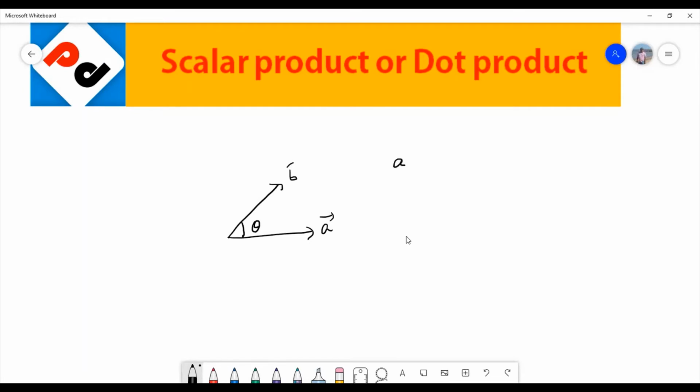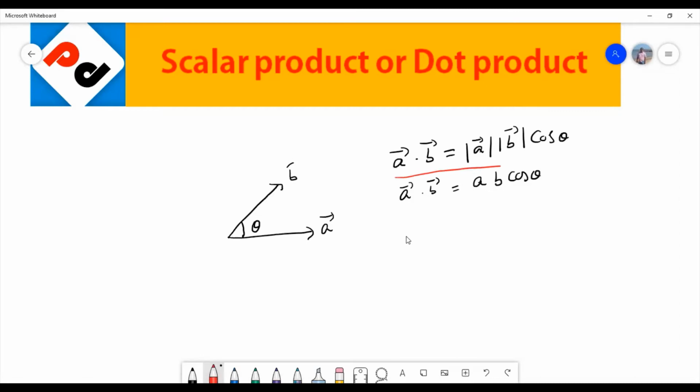Then the dot product of two vectors, A bar dot B bar, is equal to magnitude of A bar multiplied by magnitude of B bar into cos theta. Or simply I can say A bar dot B bar, we know magnitude of A bar is A only, magnitude of B bar is B only, into cos theta.